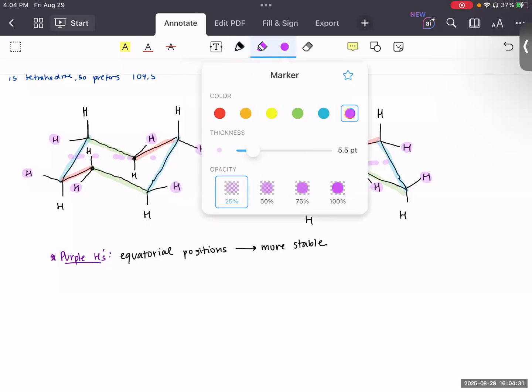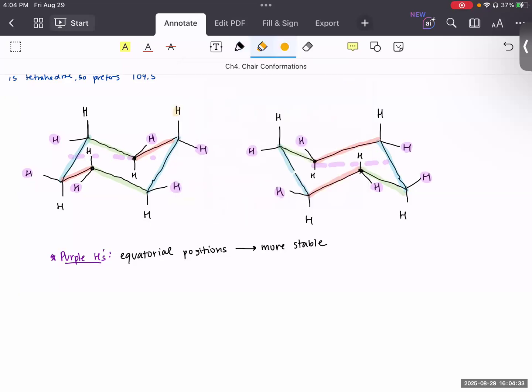I'm also going to highlight here some orange ones. So these are going to be the hydrogens that point up and down. So we can see that all of the lines that these orange hydrogens are attached to are vertical. And so these are called axial positions. And so the way that I remember this is that equatorial, I kind of think of it like similar to an equator.